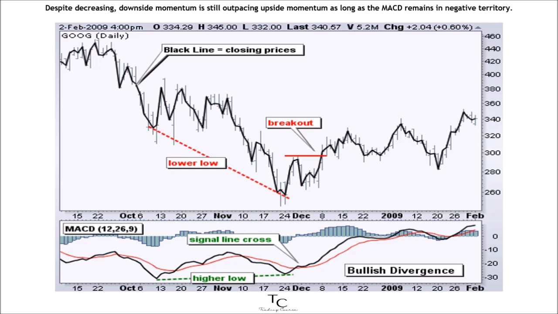Despite decreasing, downside momentum is still outpacing upside momentum as long as the MACD remains in negative territory. Slowing downside momentum can sometimes foreshadow a trend reversal or a sizable rally.